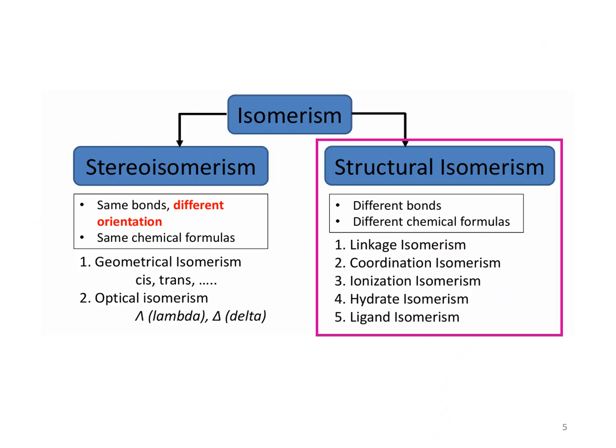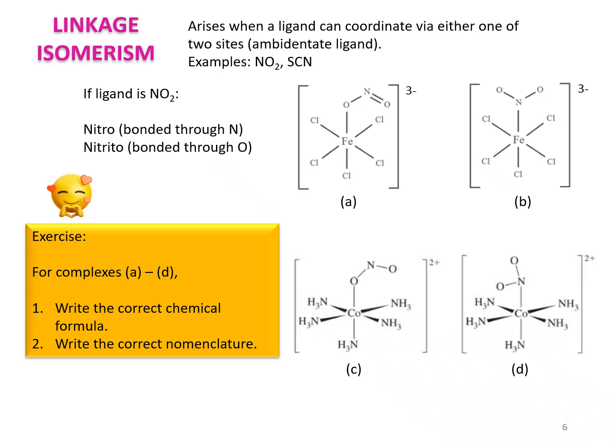The other classification of isomerism is the structural isomerism. There are 5 of them: linkage isomerism, coordination, ionization, hydrate, and ligand. So what are they? Number 1, the linkage isomerism. The linkage isomer is derived from the coordination atom of that ligand.